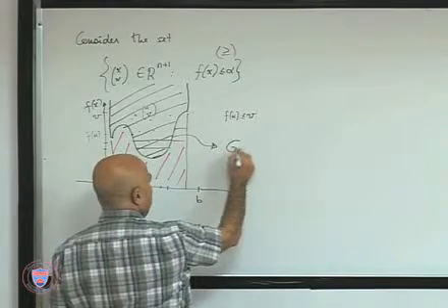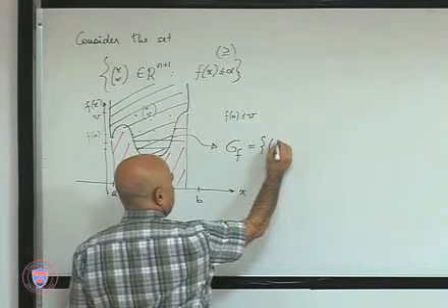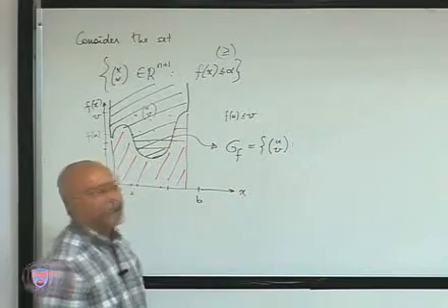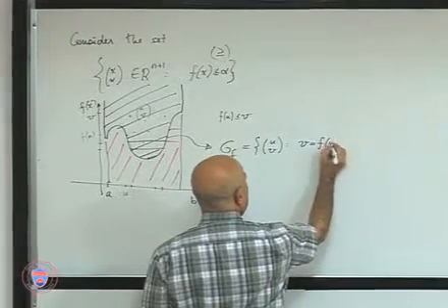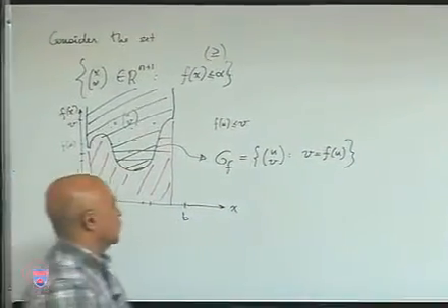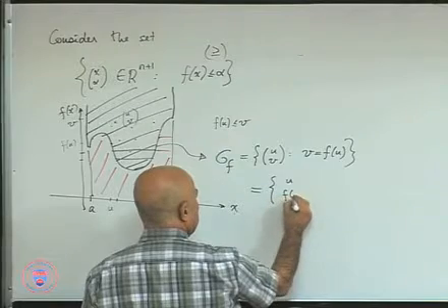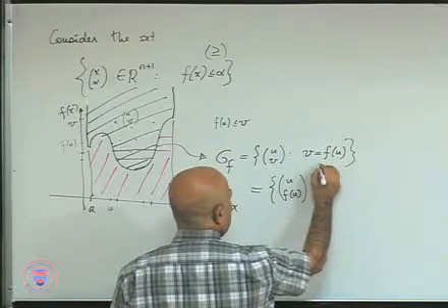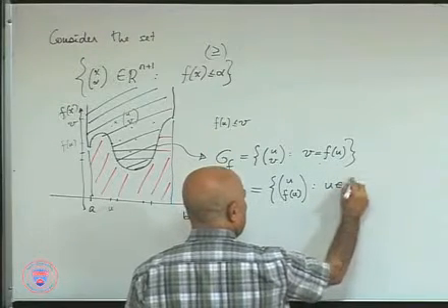If I call it GF, they are the set of points, again, two-tuples, u and v, such that v is equal to f of u, which is the same set as u and f of u in 2 dimensions, where u is in the domain between a and b in this case.